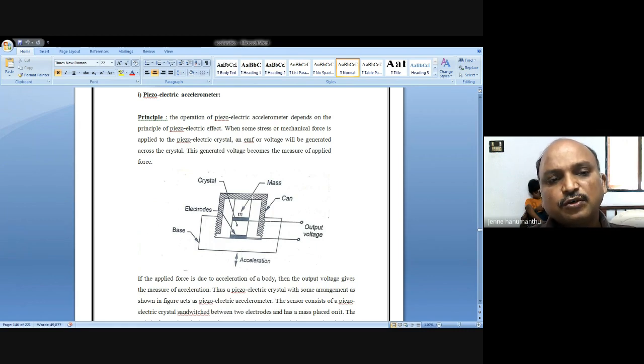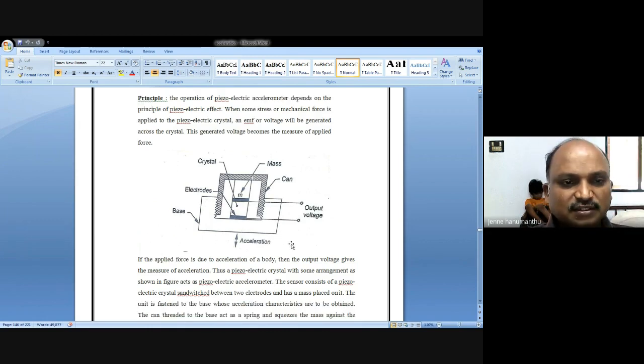Force F equals M into A. Here M is fixed. So your charge is proportional to acceleration. That means your voltage is proportional to acceleration. So if acceleration is more, your voltage is more. So this is called a piezoelectric type accelerometer.